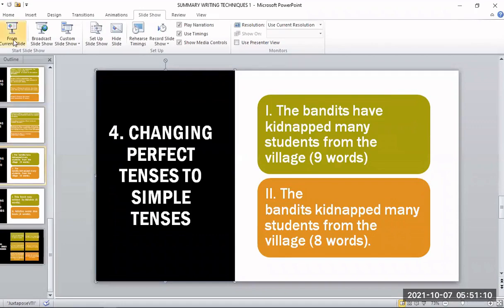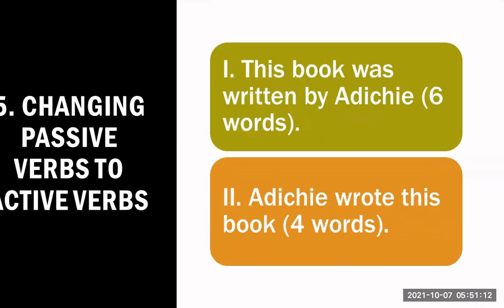So now let's look at the next example, and that is method number 5, changing passive verbs to active verbs. Let's look at how to do this. For example, the book was written by Adichie. We have 6 words. This is a passive verb, was written, shows that this is in the passive voice.